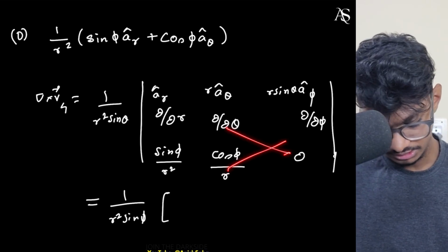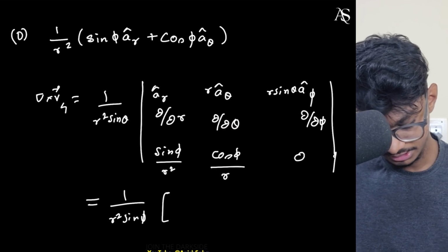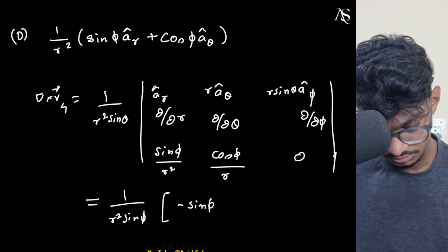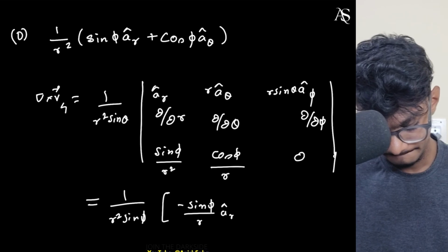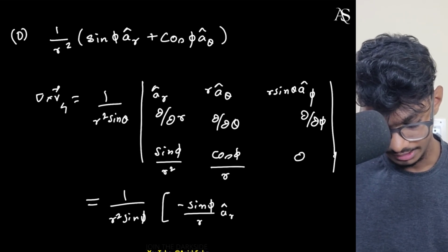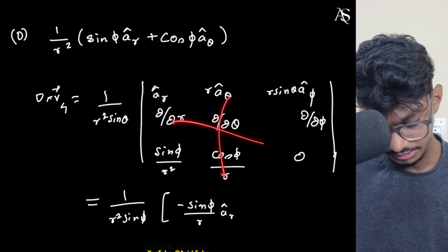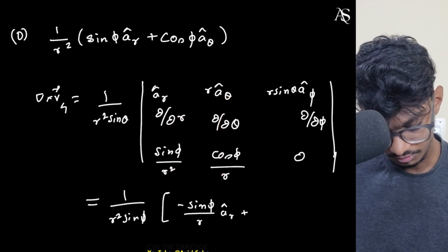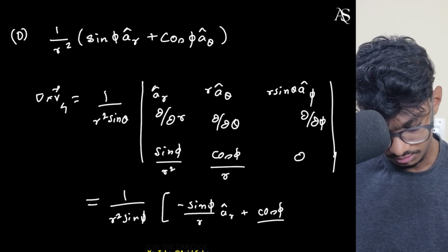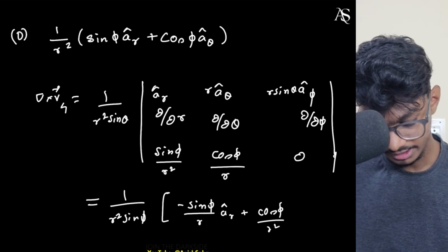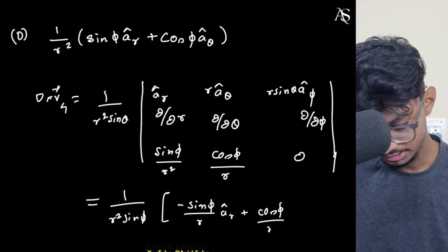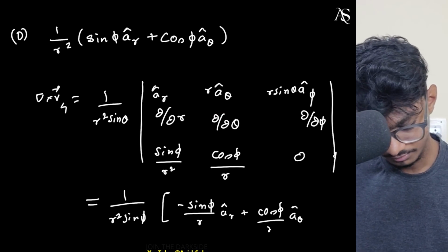So ER cap, this is 0, this is actually minus of sine phi divided by r ER cap, and this will be 0, and this will be again plus of cos phi by r square into r. A theta is there, so r will get cancelled and only e theta will be present.